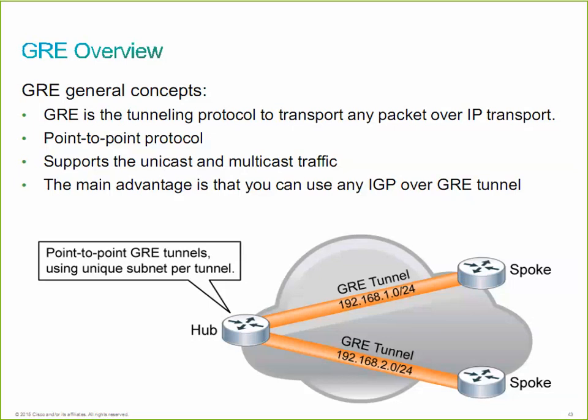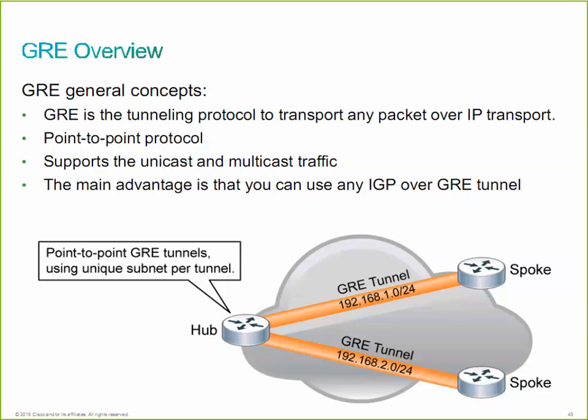And then we know that recursive routing loops can cause instability, route flapping can occur in the network, and so on. So we have to make sure we have proper filtering, or we use some sort of different routing protocol for the GRE tunnels and the transport network. The transport network is usually the internet, right?